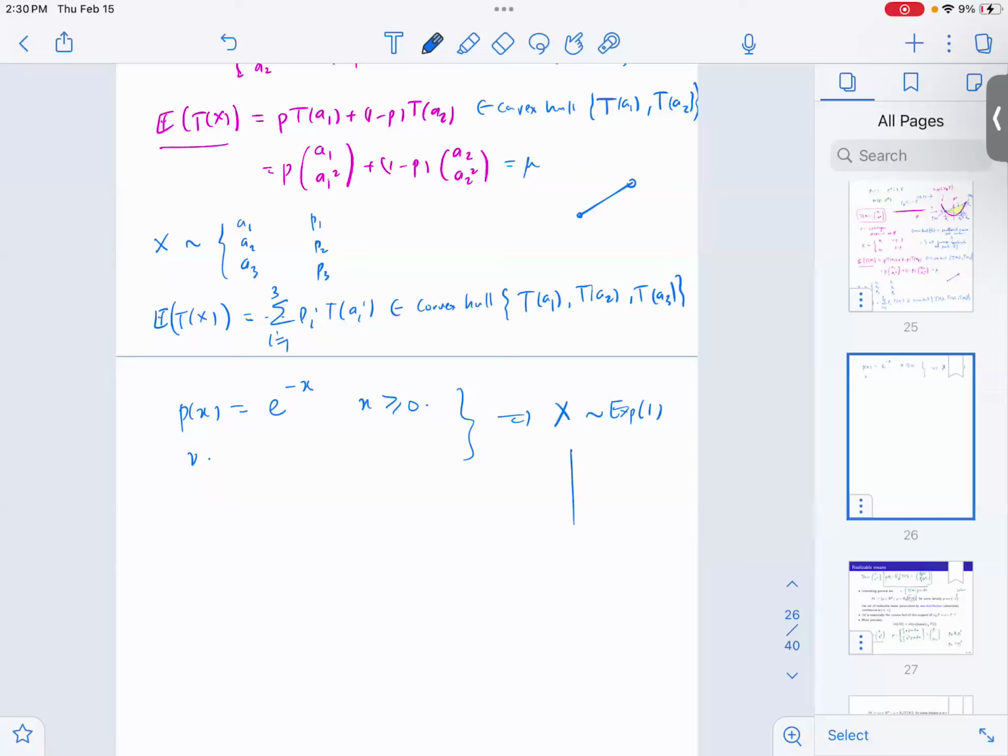So the push forward under this distribution would be like the mass would be here, because I have the Lebesgue measure, but then I put a distribution on the real line. It's like we are distributing mass on this part of the line. Okay, and then you'd get something like that. And the mean of this would be somewhere.